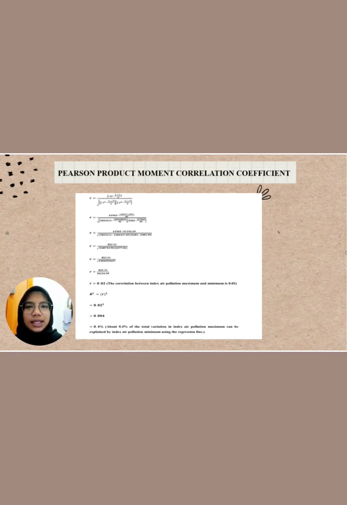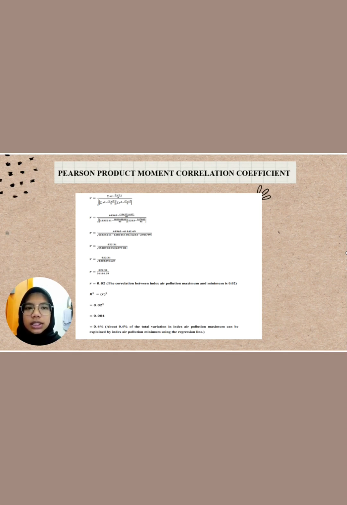The next is I will discuss computing the Pearson product moment correlation coefficient, then interpreting the regression equation. So we use the following formula to find the Pearson correlation coefficient. After you calculate the data, we enter the data into the formula.